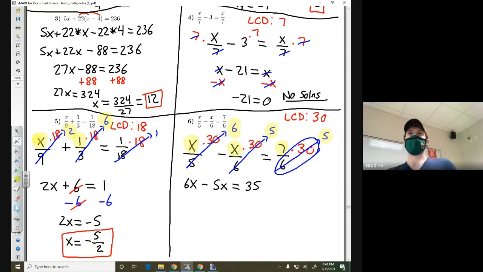And then we have 6x minus 5x. It's basically just asking to be simplified. 6x minus 5x is simply x. And really, it just solves itself because we don't have to get x by itself. It kind of just happened naturally. So x is 35. So are there any questions up to this point?